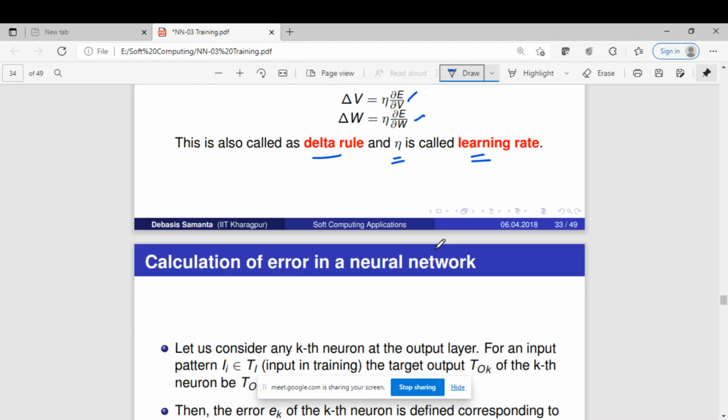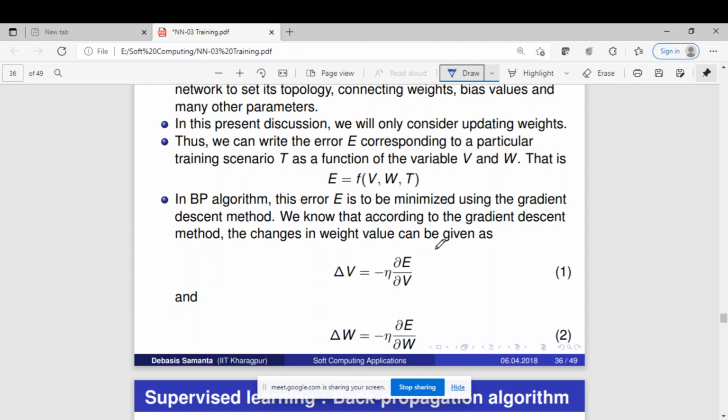But actually we will also add a minus sign to this. So del v is equal to minus eta into dou e by dou v, and del w is minus eta into dou e by dou w.